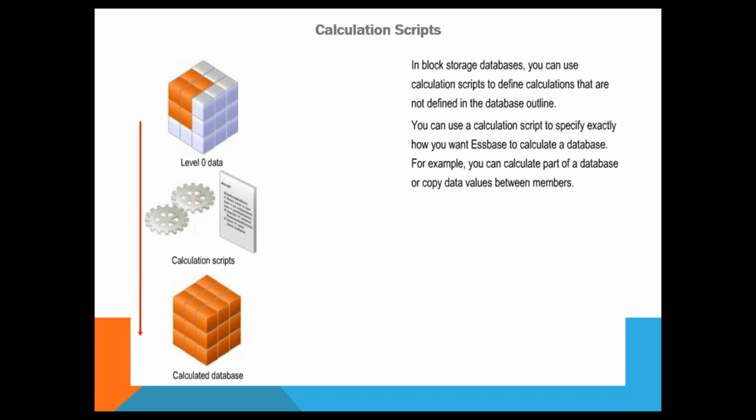It also senses if there are any dirty blocks. When it does the whole calculation, it's up to date. There are no dirty blocks. It's clean. All the operations are done as per the operators and as per the member formula.